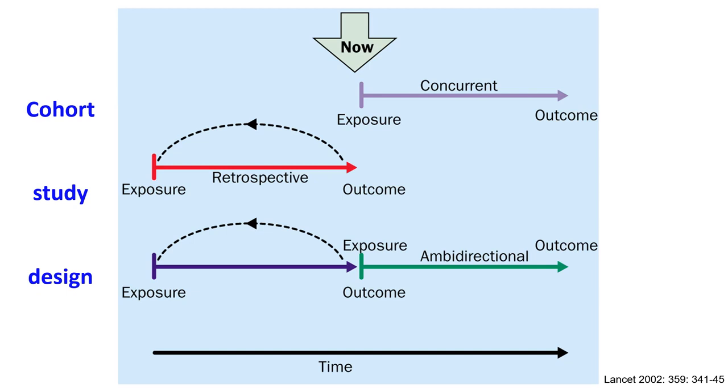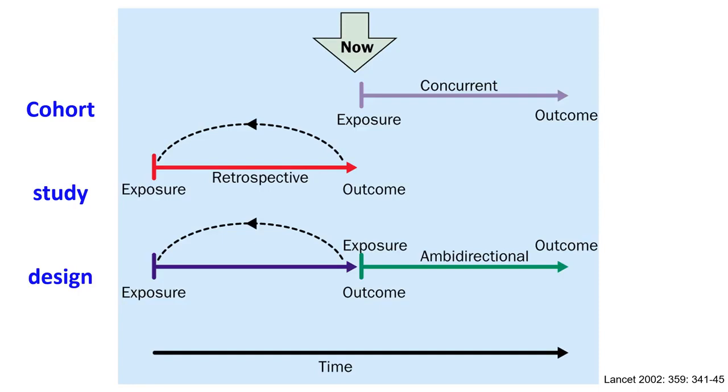The red line, look at now. Now, both exposure and outcome have occurred. We are ignoring the outcome. We are going back to the past, to the time point at the beginning when only exposure occurred. None of the members of the cohort had the outcome.